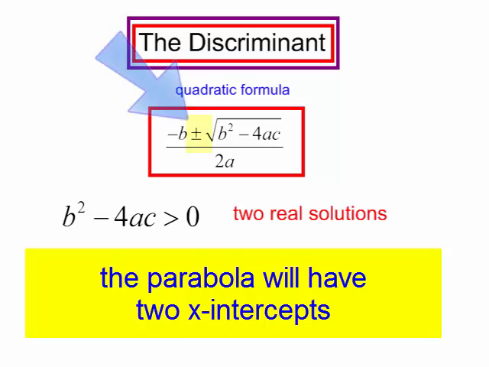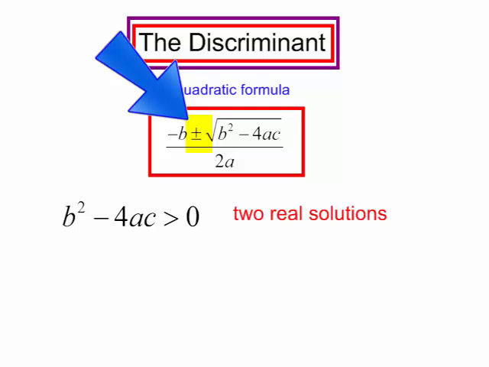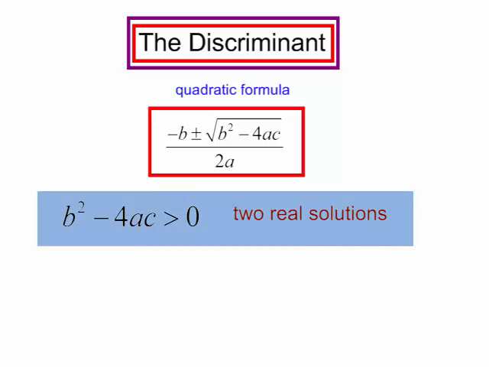Do you notice the plus or minus? When I am simplifying the quadratic formula, I will have to use the plus and get an answer. I will then use the minus and get another answer. So if our discriminant is positive, we will have two real solutions.